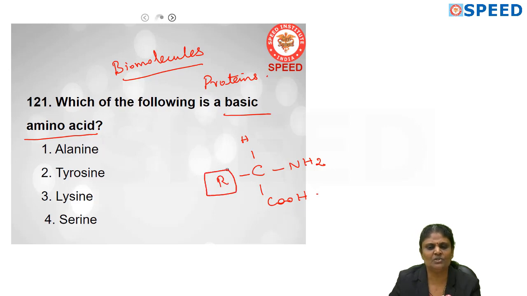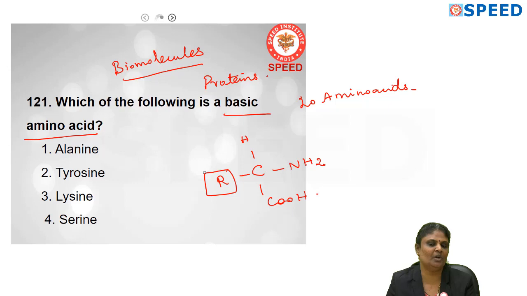So due to the presence of the R group, the 20 amino acids can be classified into so many types. Suppose the R group is an amino group or basic group, that is called a basic amino acid. If the R group is acidic, that is an acidic amino acid, for example glutamic acid, aspartic acid.